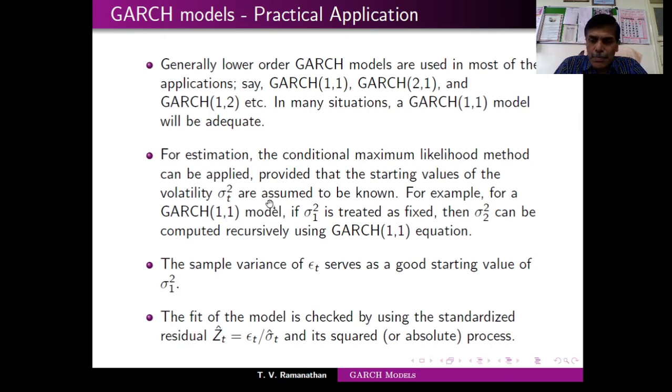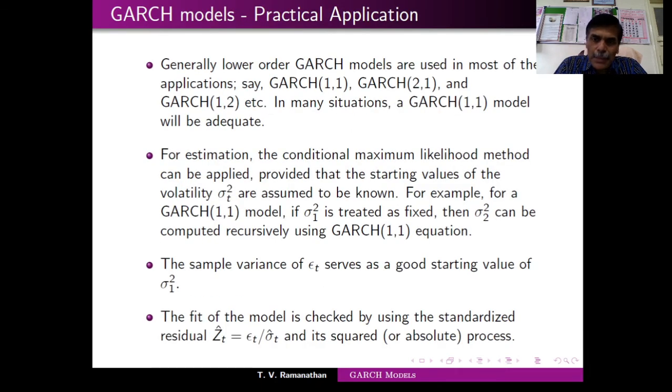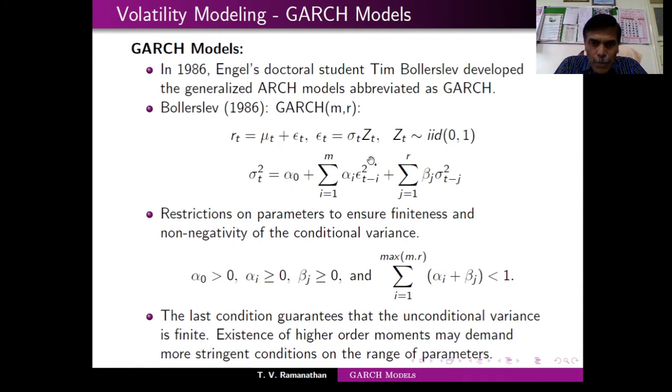What this may require is the starting values, because the starting values can create a problem: when you are at time 1, you need epsilon 0, epsilon minus 1, epsilon minus 2, etc. up to 1 minus m, depending on the order.